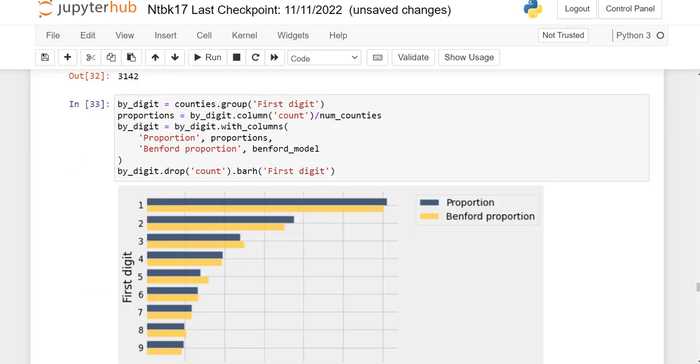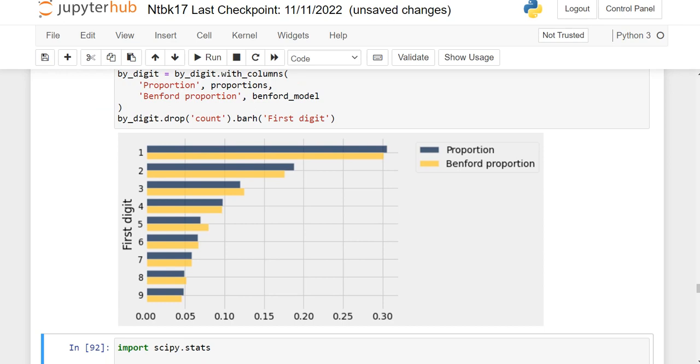And then this is kind of cool. We have a bar graph that shows the Benford law prediction in yellow, and the actual proportion is in blue. And by the way, notice that the two graphs, while they aren't identical, are very, very similar.